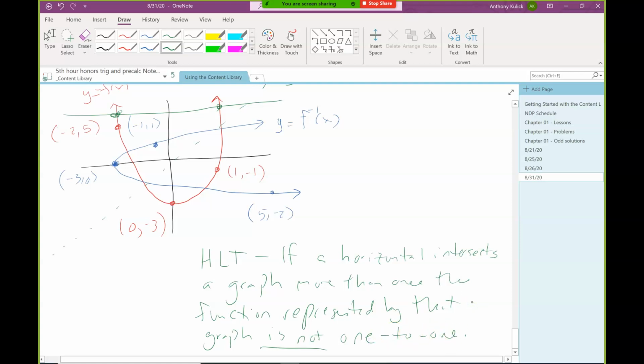And then you can conclude, since that function is not 1-to-1, we know then immediately that that function's inverse will not be a function. Is everybody okay with that idea? Okay.